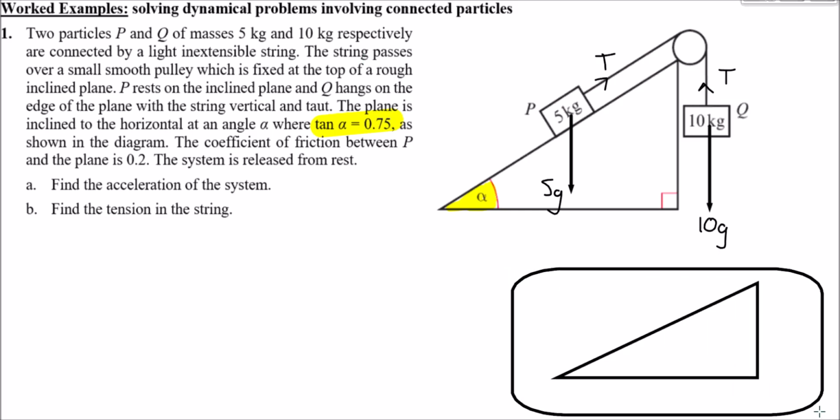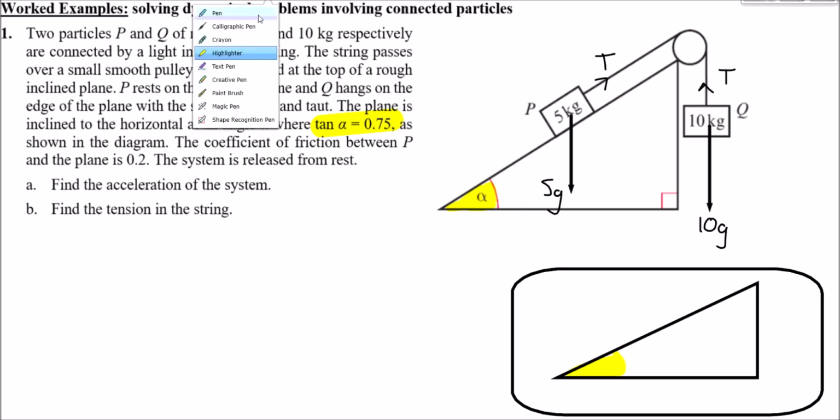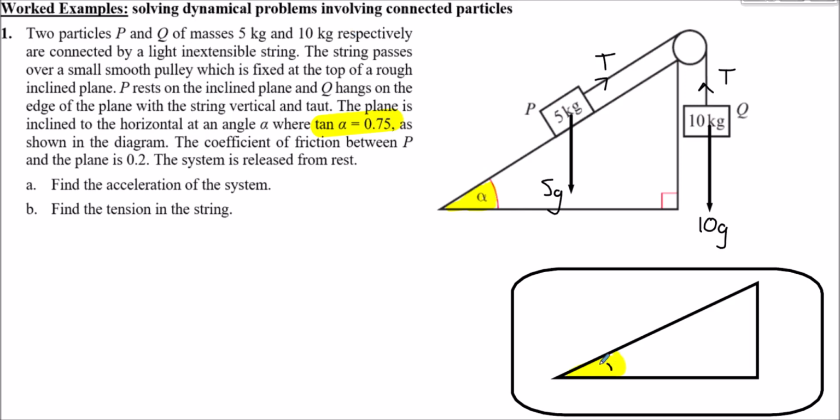Tan is opposite divided by adjacent, TOA, literally. So if we have this angle here, which is alpha, which it is because it says it is, and we know that tan alpha is 3/4, that means the ratio of the opposite side to the adjacent side is 3:4.